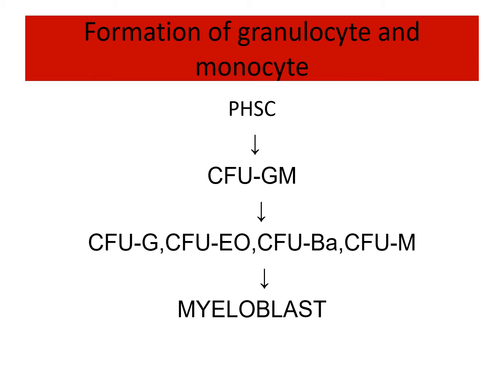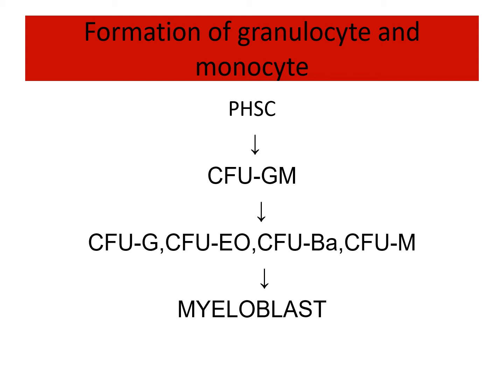These convert into colony forming unit G, granulocytes, colony forming unit eosinophils, colony forming unit basophils, and colony forming unit monocytes. And these converted into the myeloblast.